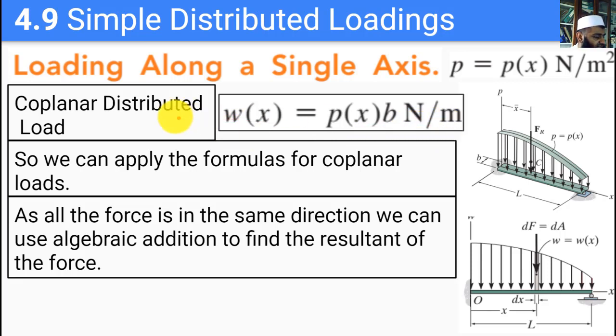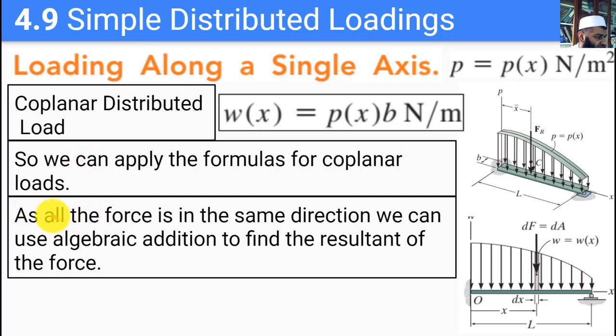The second assumption is that we are only going to look at coplanar distributed loadings. That means that all the forces lie in the same plane. Actually, all the cases that we would study would be for parallel forces, so that all the forces would either be vertically upward or vertically downward. We will not look at a generic force acting in any direction. We are only looking at very simple forces.